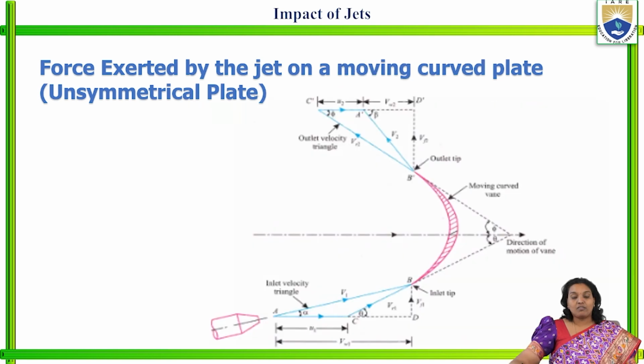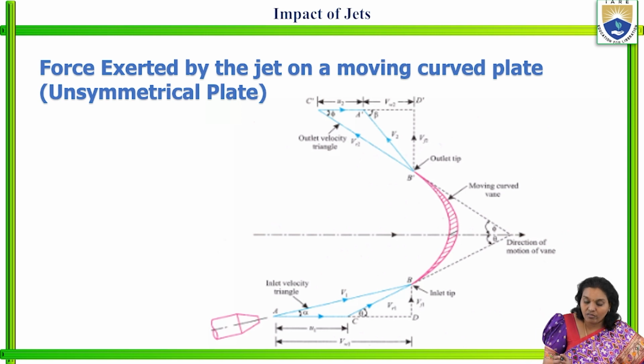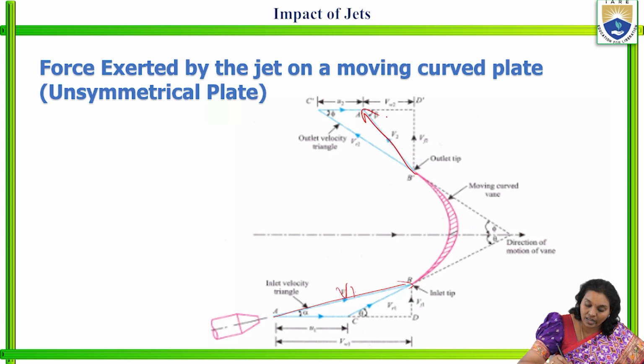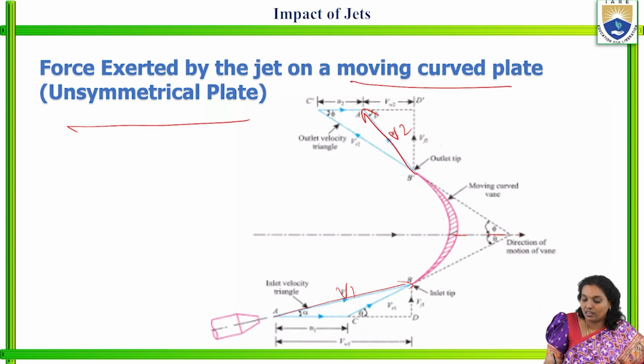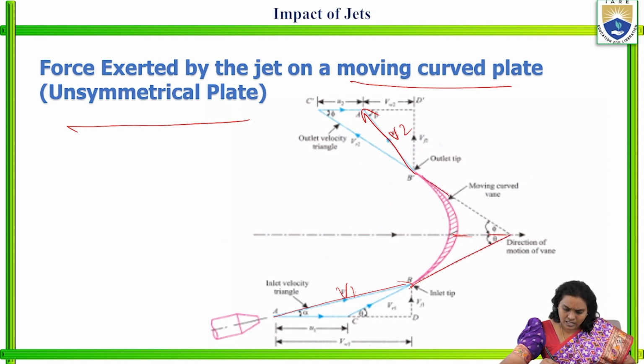So similarly, the force exerted by the jet on a moving plate. Here also it comes under moving plate. Here what we understand, this velocity of the jet is v1. At the outlet, that is equal to v2, under unsymmetrical, moving curved plate. So this is the curved plate, and this is the direction of motion of the curved plate.